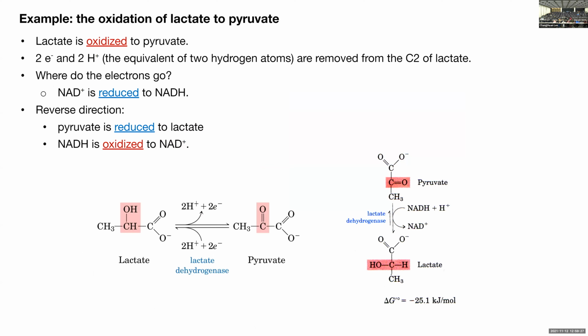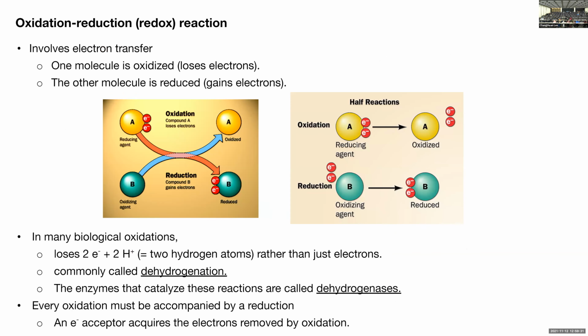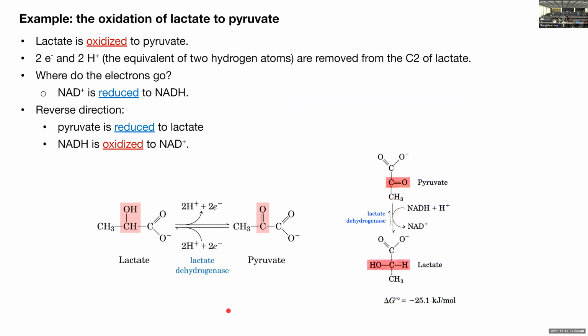And those electrons will be accepted by the electron transfers such as NAD and FAD. So here's an example of a redox reaction where lactate is oxidized to pyruvate.